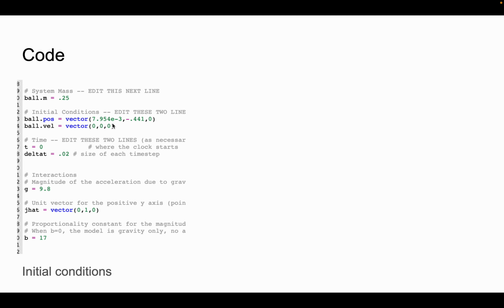The initial position vector is from my tracking data, just how I set it up. And the initial velocity is 0 because it was dropped from rest. The drag coefficient, I just found by guessing and checking. I did the rest of my model and then went back and changed the drag coefficient until I found one that best matched the experimental data.